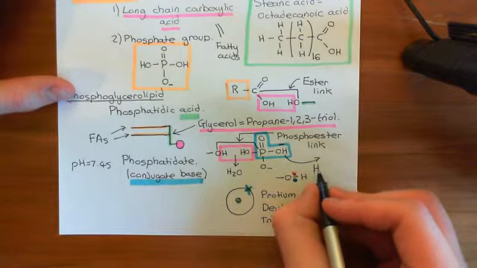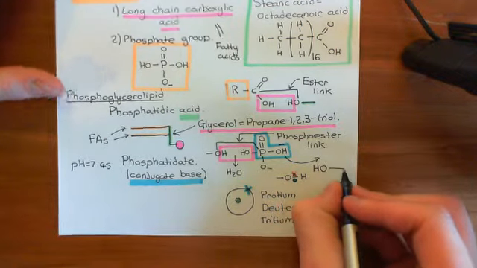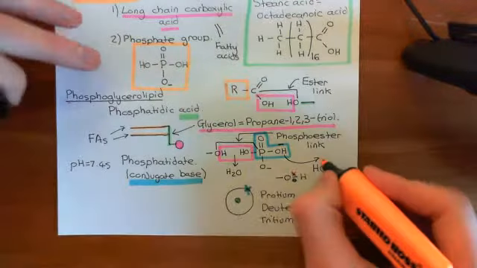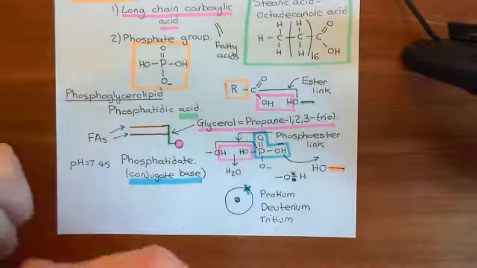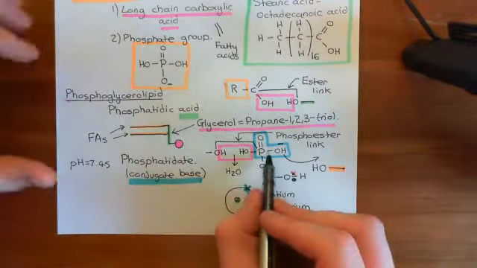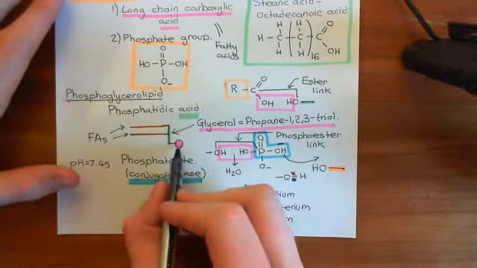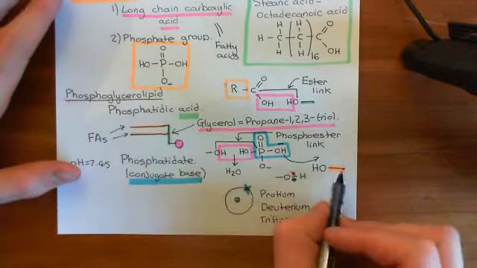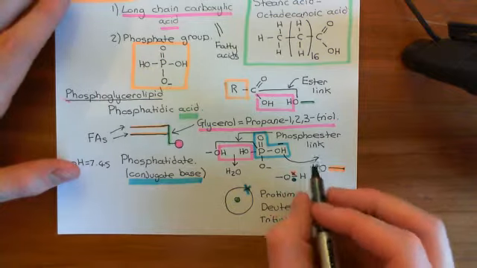So if we were to bring along another molecule which contains an alcohol group, then what we could do is form a phosphoester link between this phosphate group of the phosphatidic acid molecule and this alcohol group containing molecule.